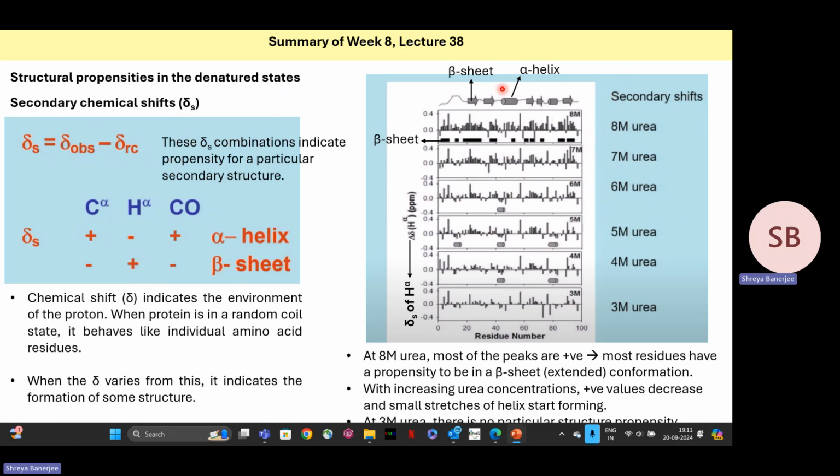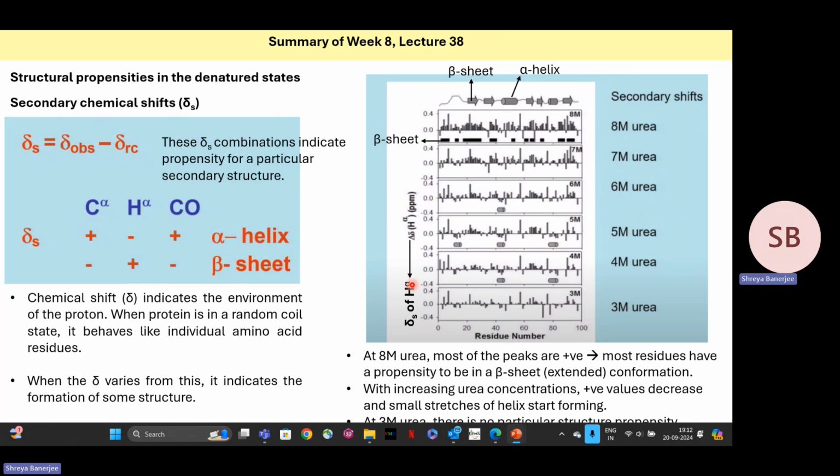Now you have a folding experiment here, where initially you are starting with 8 molar urea. 8 molar urea means that the protein is completely unfolded. In this case, you can see what is plotted here: the delta S of H alpha.